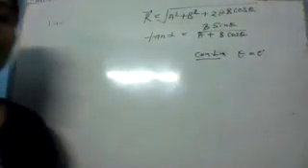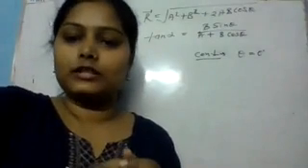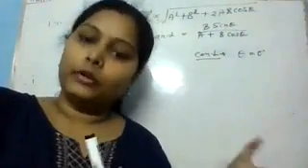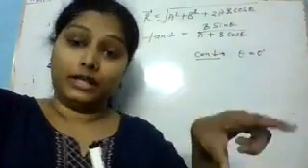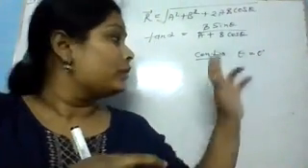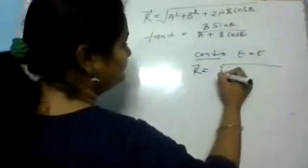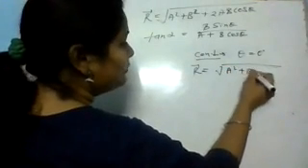We know that the resultant depends upon the magnitude of the vectors and the angle between the vectors. So here theta equals 0 degree, so just put it here. R equals the root of A square plus B square.